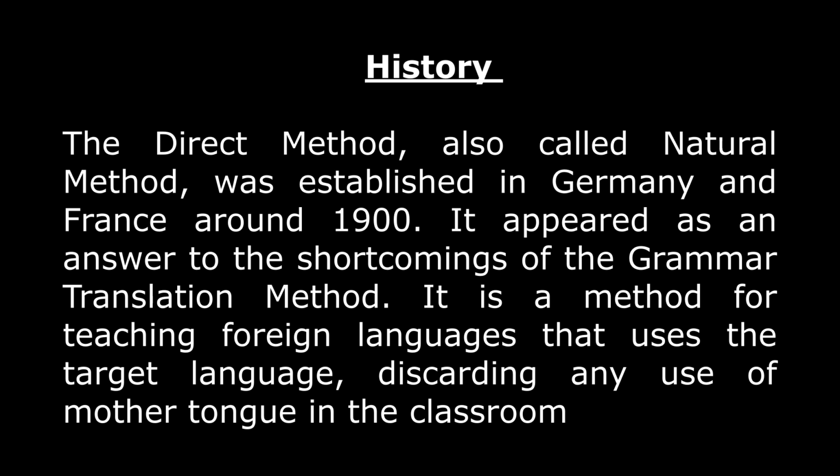In this case, we see the grammar translation method had lots of drawbacks in communicating in real life. So in order to overcome those drawbacks, the direct method emerged, discarding any use of the mother tongue in the classroom. So it is a method for teaching foreign languages that uses the target language.